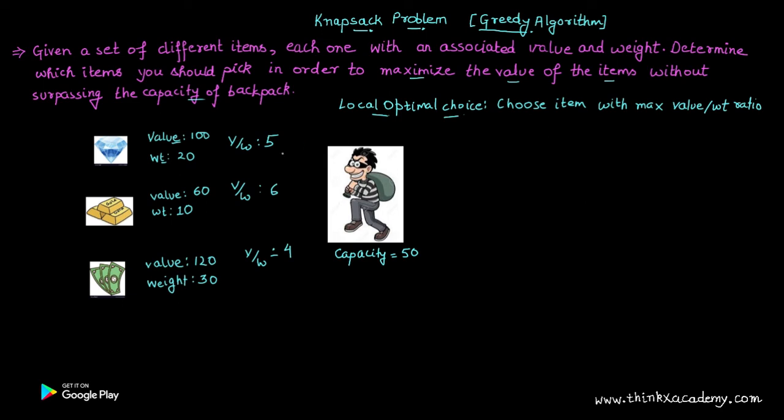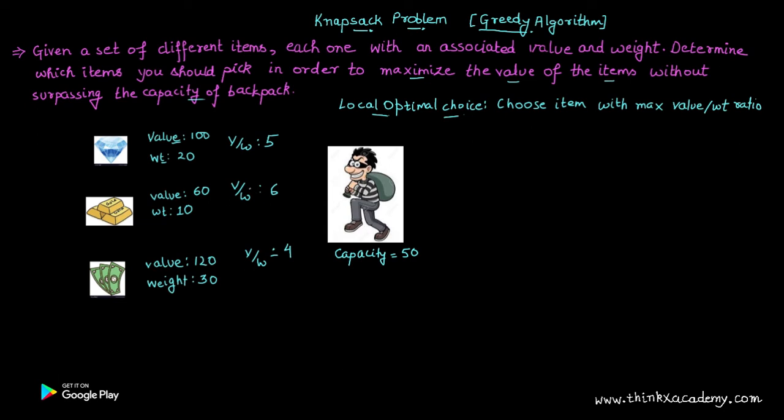He will calculate the value by weight ratio because this is the optimal choice. If he wants to get the maximum value, he will choose the item which has the maximum value by weight ratio. So first we know that the gold has the maximum value by weight ratio.